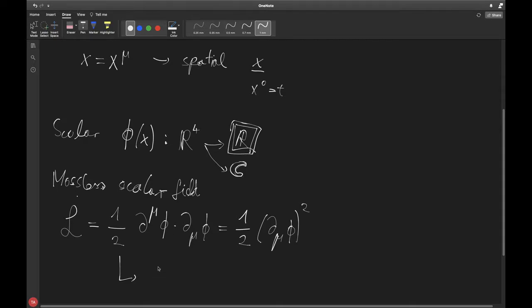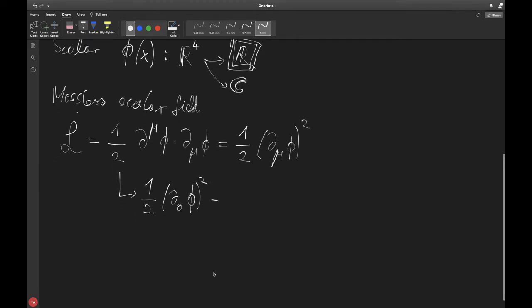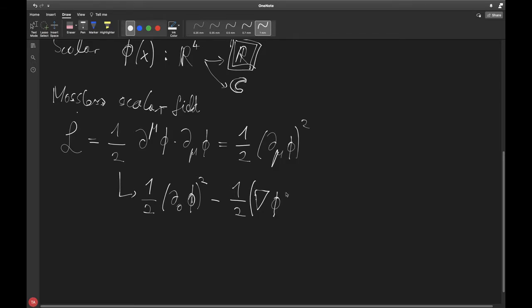So we could think about expanding it: I can have the derivative by the 0th component, the time component of the phi, and then take the square of it, and minus the rest of the derivatives, 1, 2, 3, which is equivalent to the nabla. So that's going to be nabla phi squared. It just means nabla phi times nabla phi.